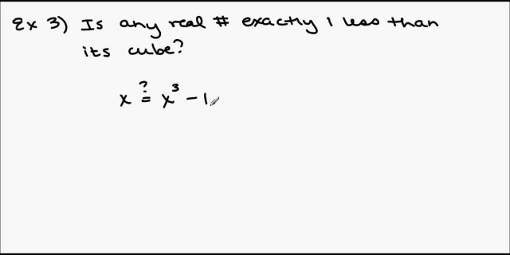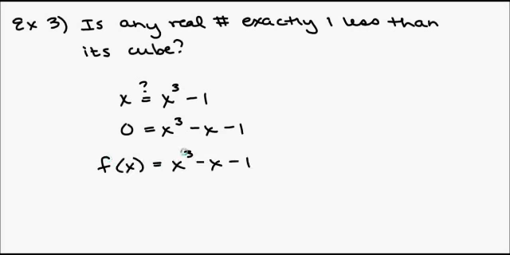Okay? We can rewrite this like this. So we're just moving the x to the other side. So x cubed minus x minus 1 is equal to 0. So now you need to look for the 0 value of the continuous function. So if we have f of x is this. Okay.